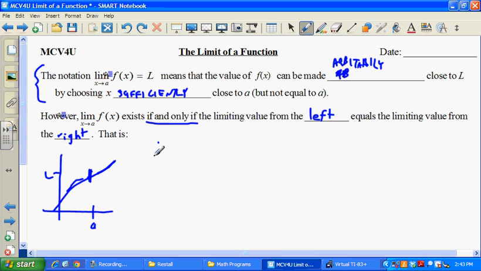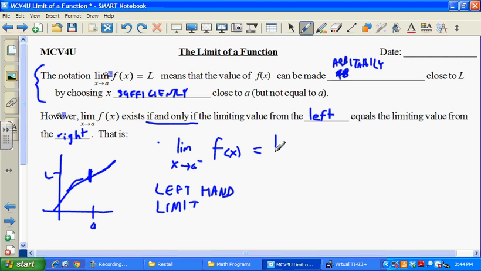That is, the limit as x approaches a from the left of f at x, and this is what we call the left-hand limit. As I'm approaching the function on the left, this is called the left-hand limit. This value equals the right-hand limit.